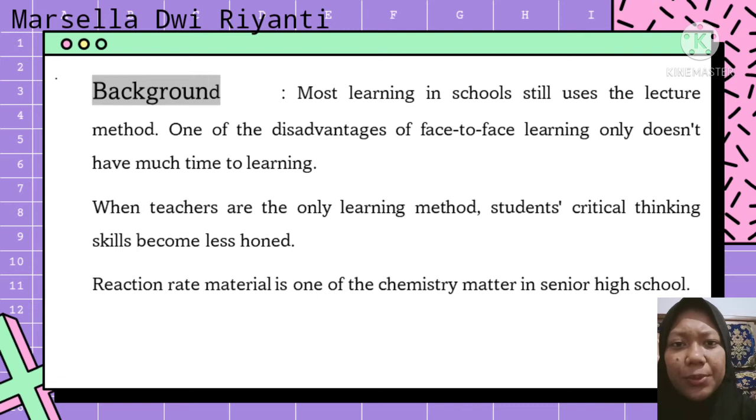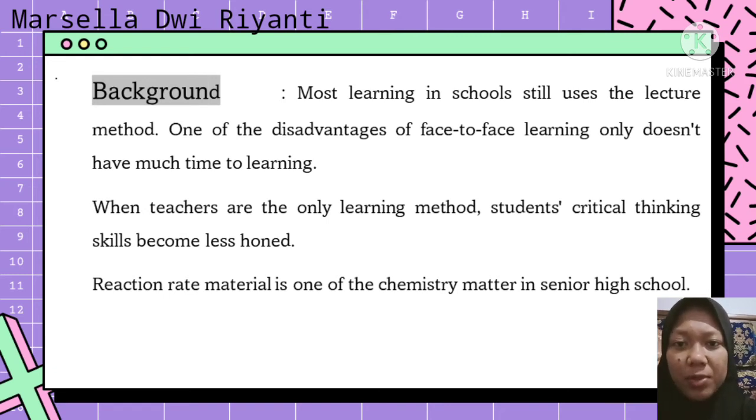Some factors influence the reaction rate: concentration, temperature, surface area, and catalyst. The factors that affect the reaction rate relate to the collision theory. Every factor has a different explanation, so the students should understand them one by one.